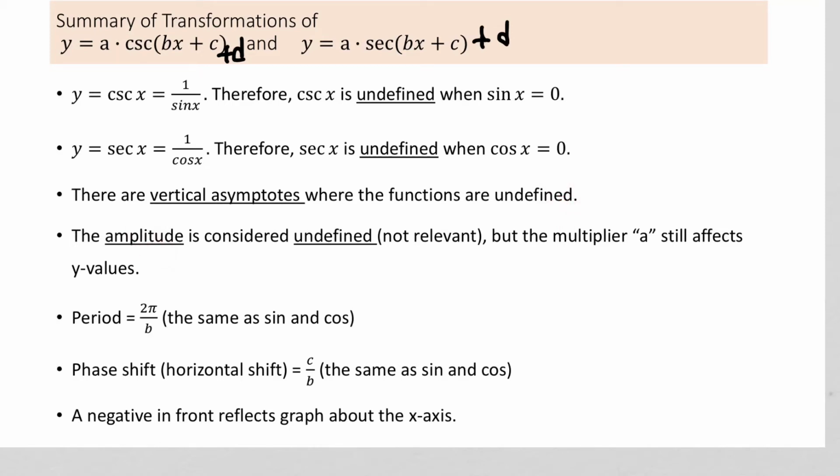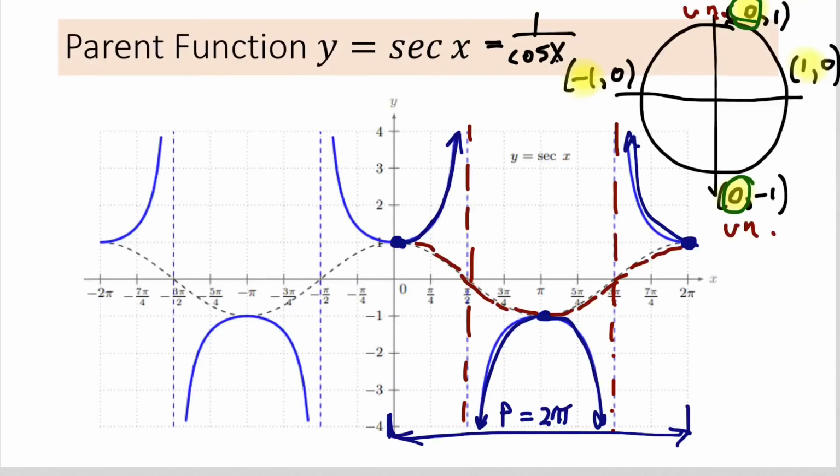Now when we talk about this A in front here, on the cosine and sine graphs, the absolute value of that was considered the amplitude. So when we're graphing the construction lines, these have an amplitude, but these pieces of the graph, that are the actual secant and cosecant graph, are not considered to have an amplitude.